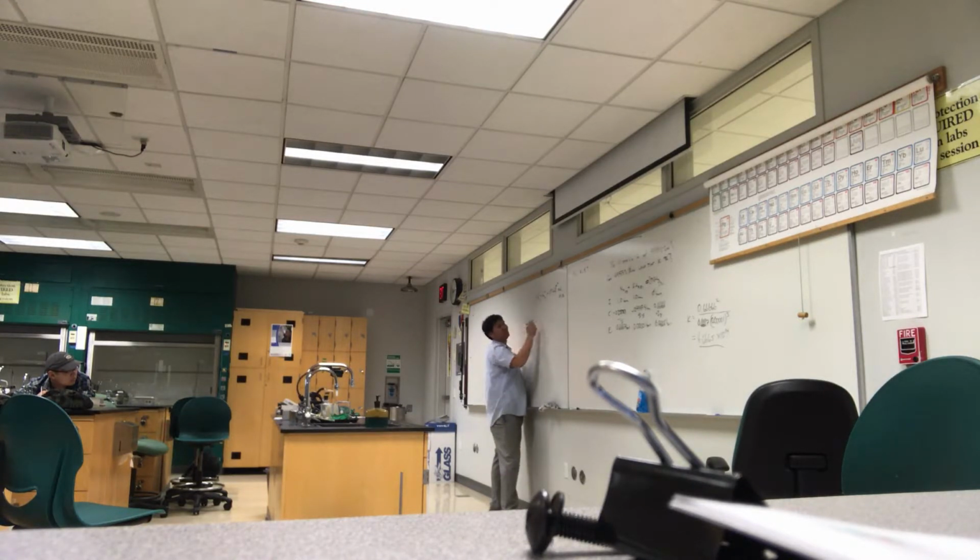We still have trouble because we don't know what delta G naught at that temperature is. However, we do know that delta G naught at temperature T is equal to delta H naught at temperature T minus T delta S naught at temperature T. This is going to be plus RT ln of K equal to 0.